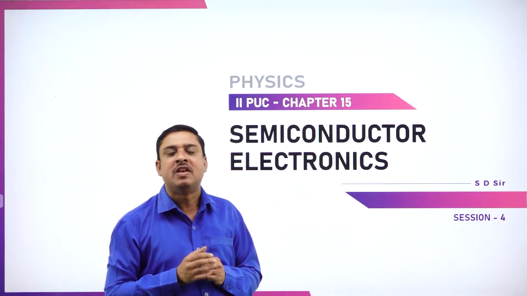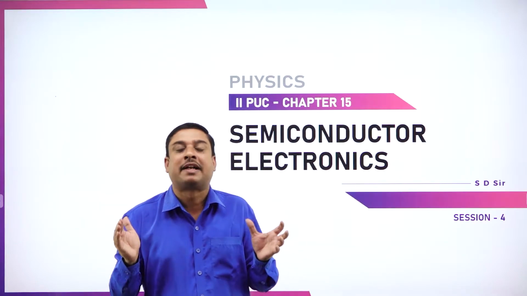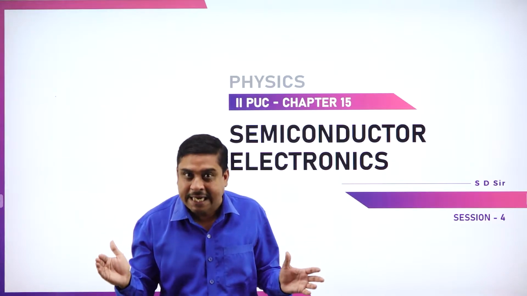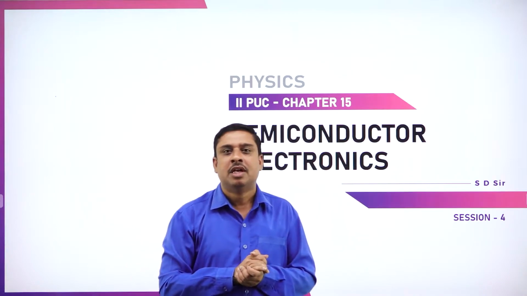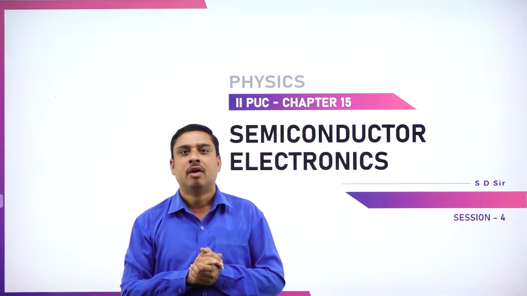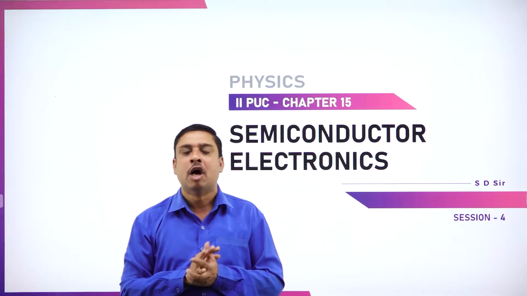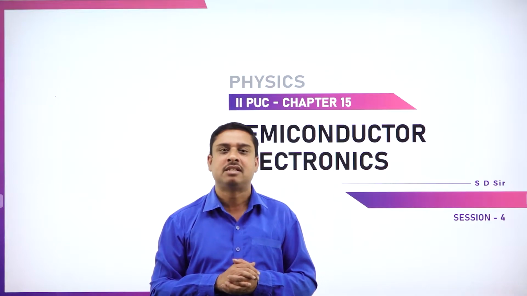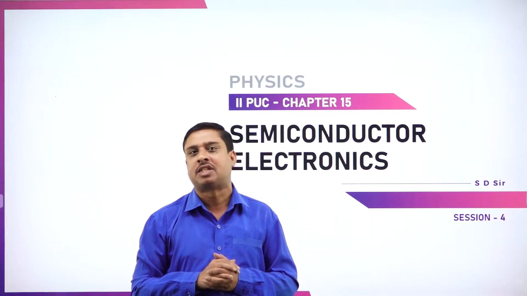In my previous session, we understood what is meant by biasing a semiconductor. We studied the two types of biasing, forward biasing and reverse biasing of a semiconductor.